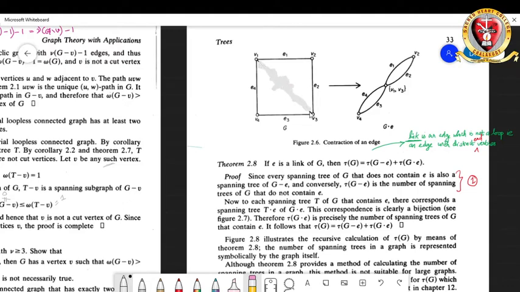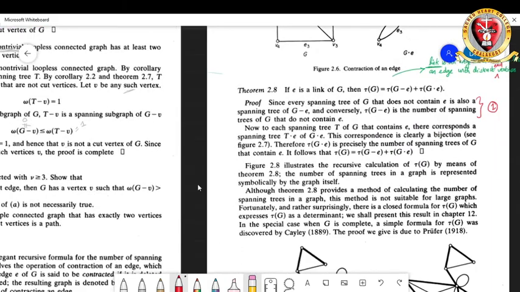Then we combine both of its end vertices to be one. That's how it is joined here. The rest of the edges will come like that, and that's how we denote G dot E, and that's how the resultant graph will come.